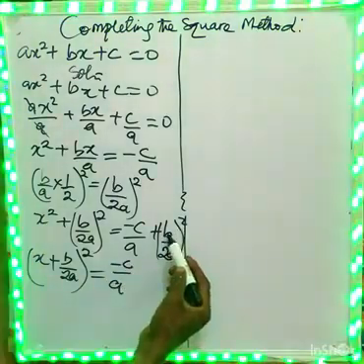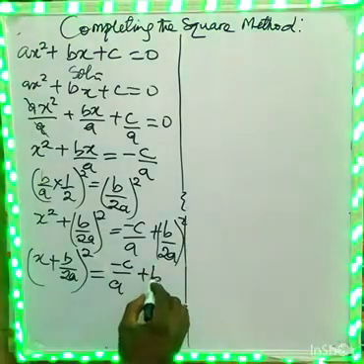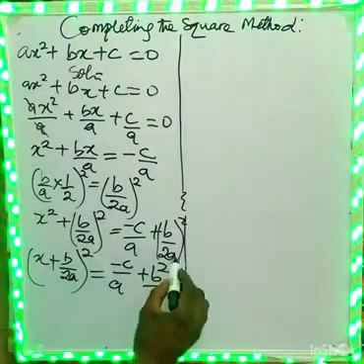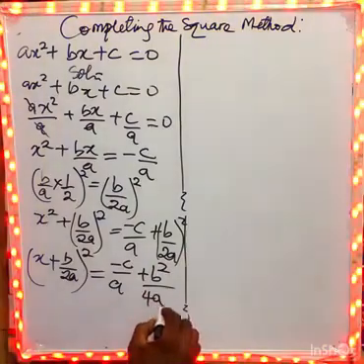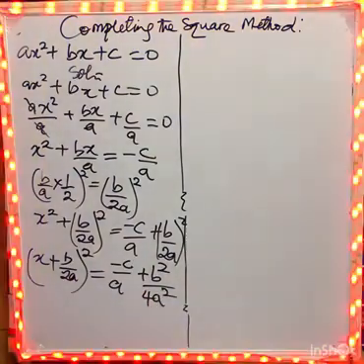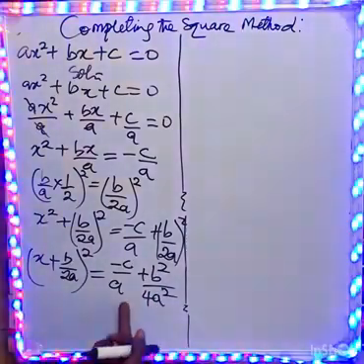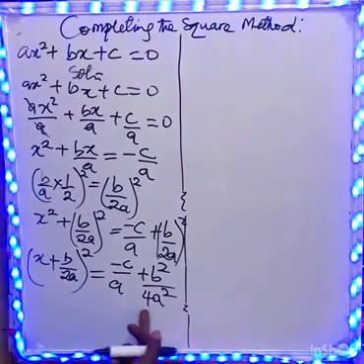You have, this is what? b squared over 2a squared, which will give you 4a squared. Okay, so now what you will do here is to look for the LCM.